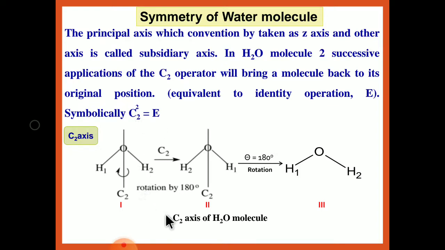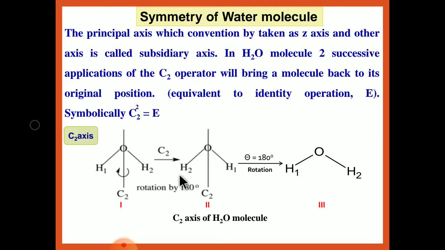Now see here the example of the H2O molecule. In the H2O molecule, this H-O-H molecule has the principal axis C2. If we rotate this molecule along this axis in a clockwise direction by 180 degrees, we get its second orientation, that is H1 is replaced by the H2 atom and the H2 atom is replaced by the H1 atom.